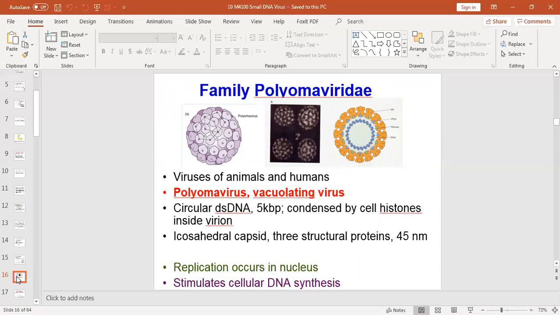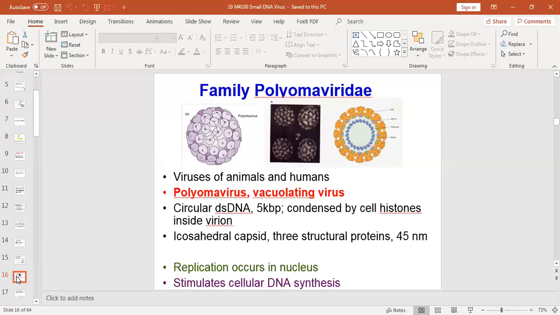We have talked about histones before, the concept of core histones, these basic proteins that DNA wraps around to form a nucleosome. We'll talk about it more in the future. Polyomaviridae family of viruses have an icosahedral capsid.